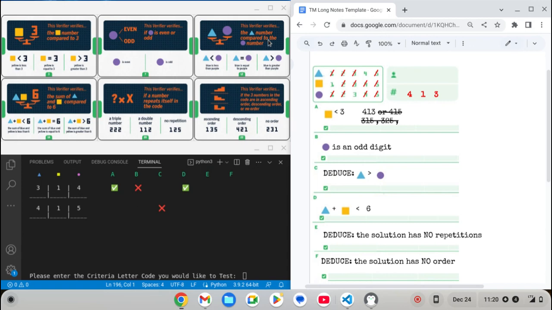And because I also knew that the ordering was going to be no order, I knew that they were not going to be equal. So basically it made criteria card C a 50-50, and then I just tested criteria card A to help me whittle those options down.